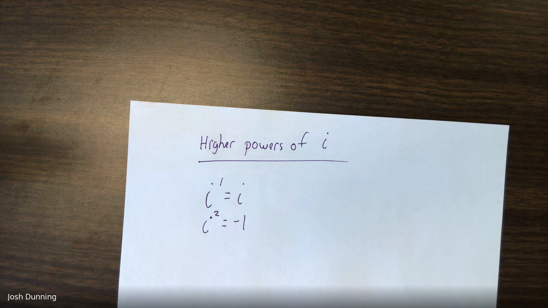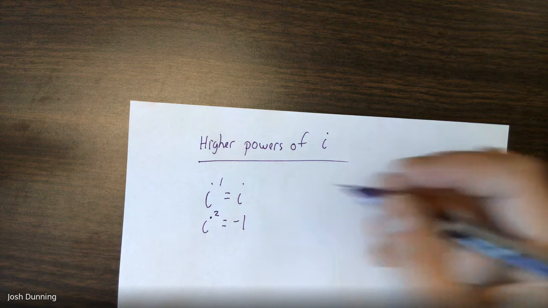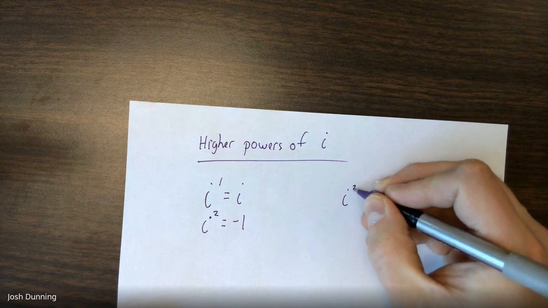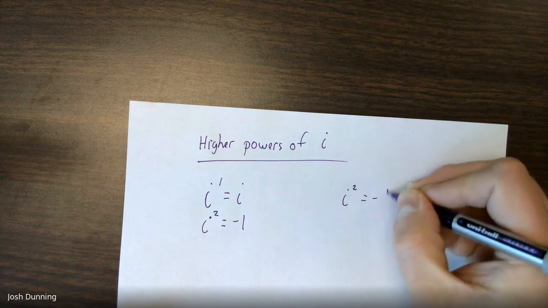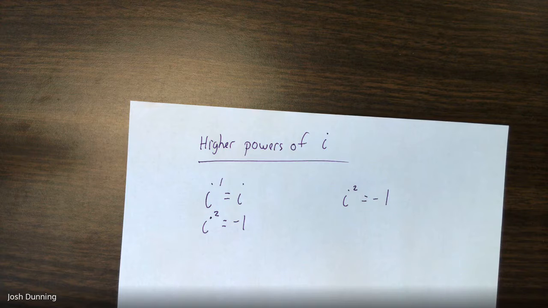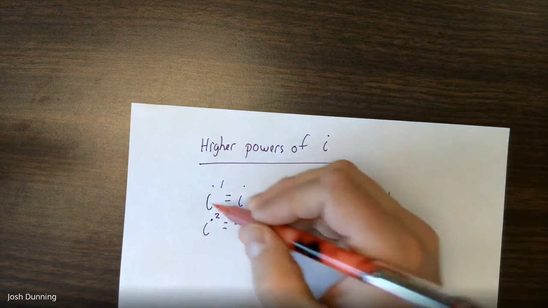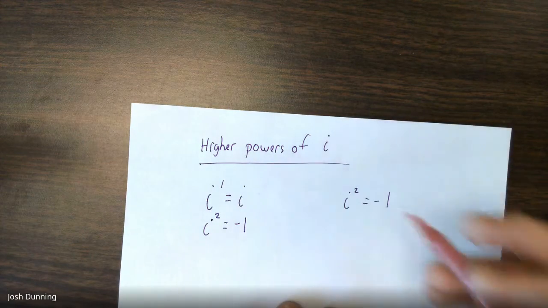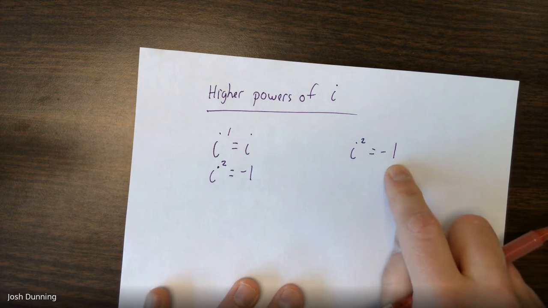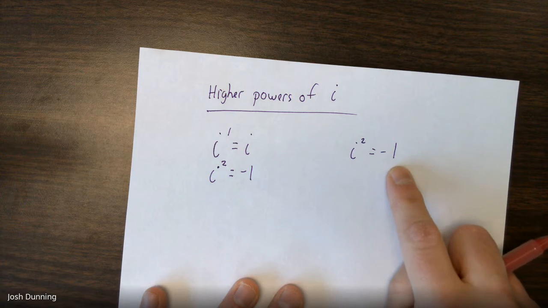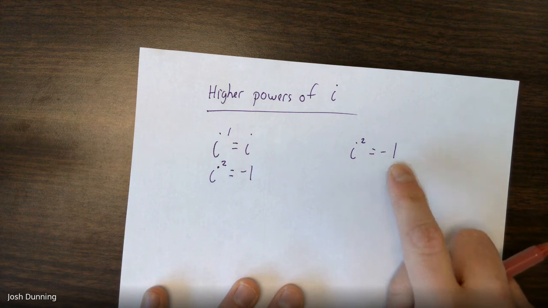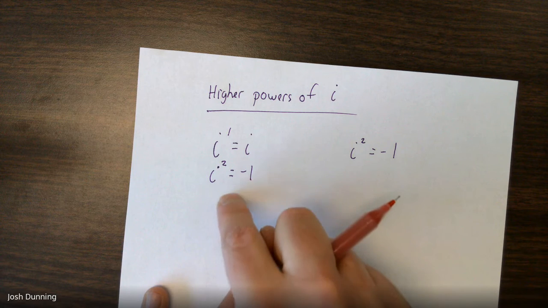Now, the way anything beyond this works, what I'm doing off to the side here, you do not have to be able to do. I am showing you where this comes from. If you ever forget the key that I'm going to put over here, this is how you would come up with it. But you don't have to be able to do this if you can memorize the key.